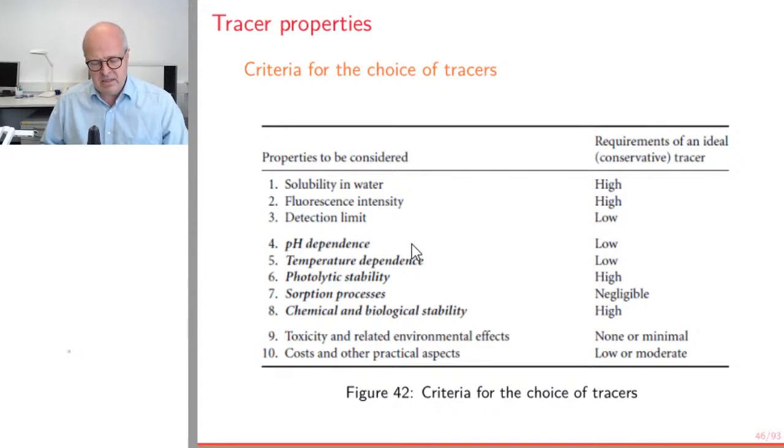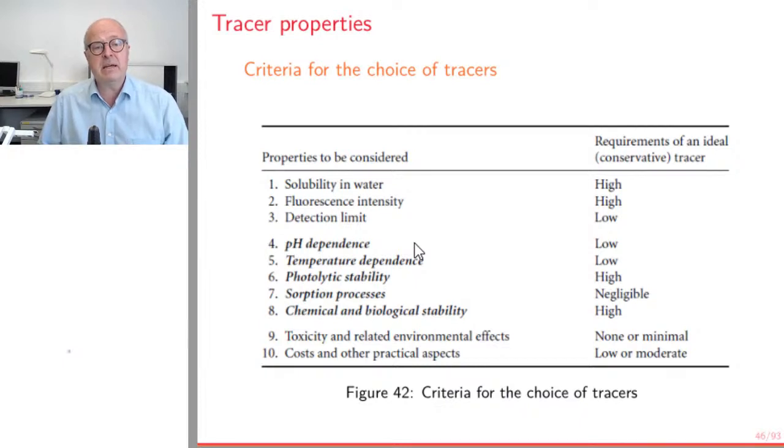Now, in some cases, you can actually accept that the photolytic stability is not perfect, like for uranine, if you work in groundwater or in caves or karst caves. In some cases, you can accept pH dependence if you are able to correct this afterwards by changing the pH. And the fluorescence with uranine can actually be restored.